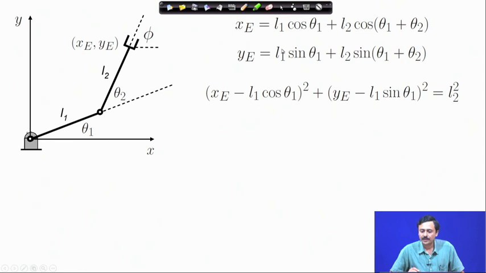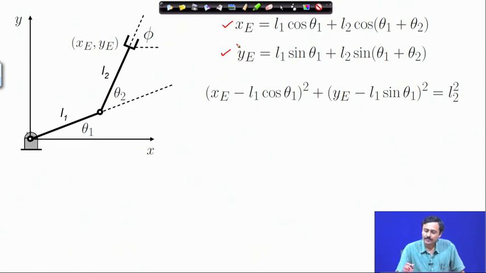Now, let us again begin with the forward kinematics expressions. Here I have x e, the x coordinate of the end effector in terms of theta 1, theta 2, and I have y e in terms of theta 1 and theta 2.